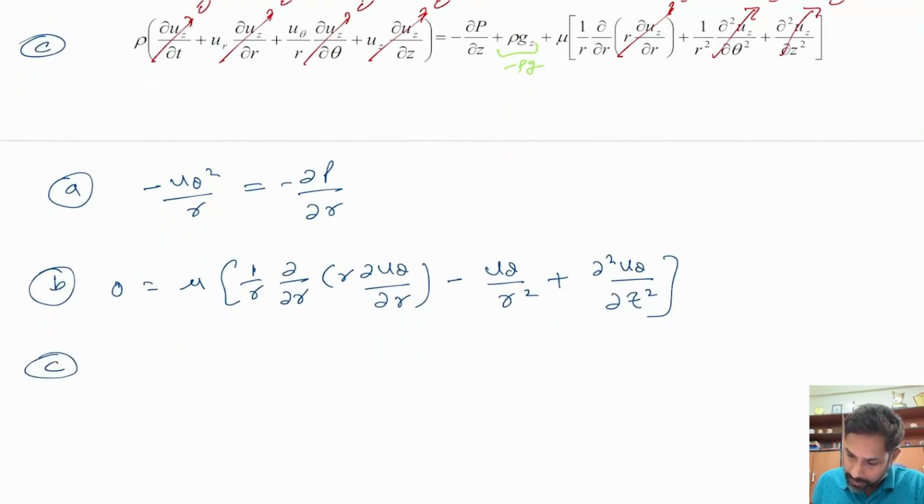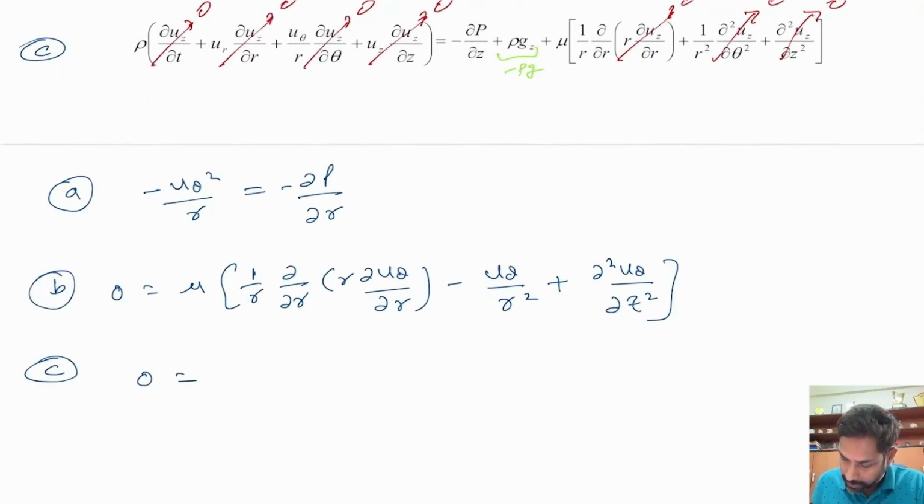And equation C gives us 0 equal to minus dp by dz minus rho g.